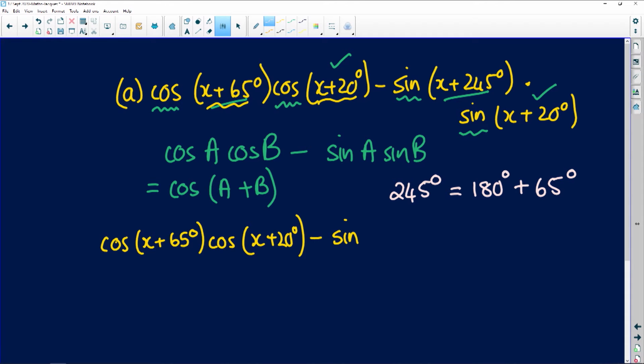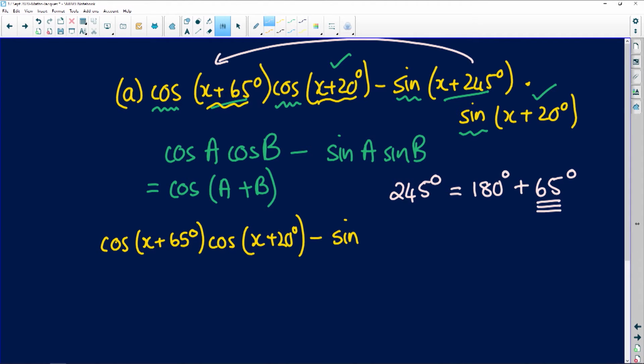So I can change this 245 to an angle that is 65 to get my two angles to look exactly the same. So I have the sine of (x plus 245), which must become the sine of (x plus 65).